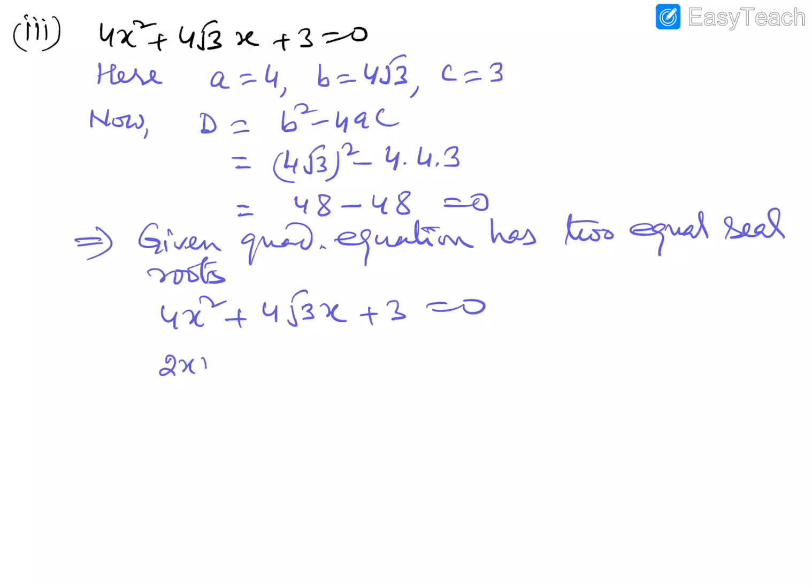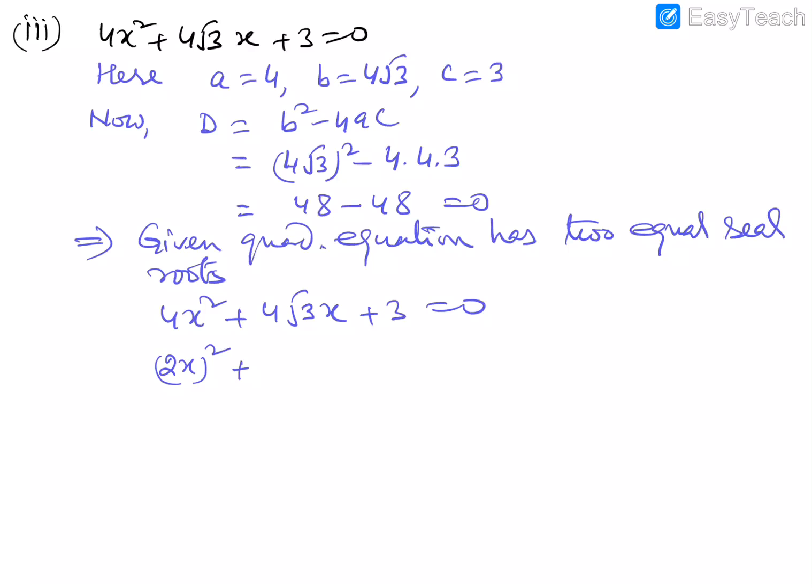This can be written as 2x square, because the first term is already a perfect square. So, no need to divide. You may divide. On dividing the entire equation by 4, we get x square. Then it also becomes a perfect square.